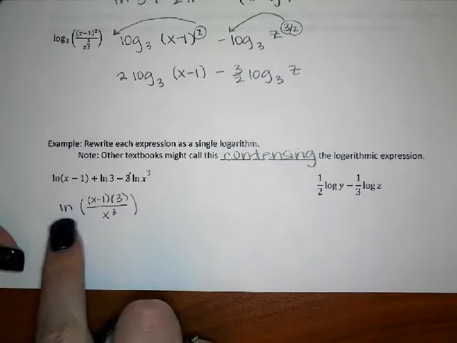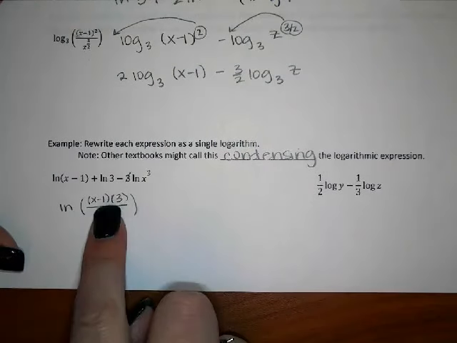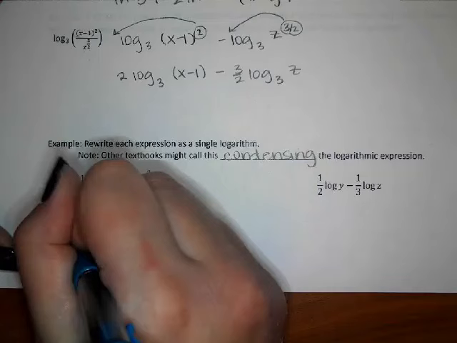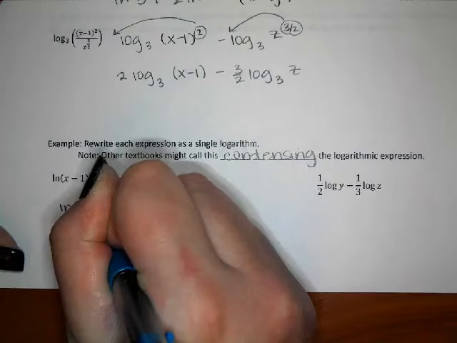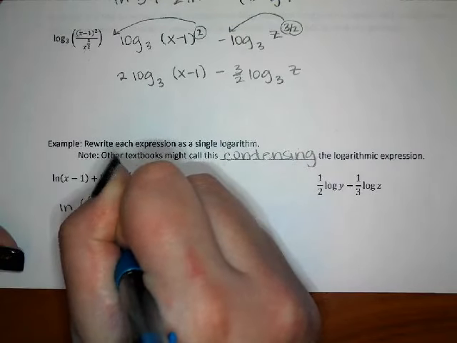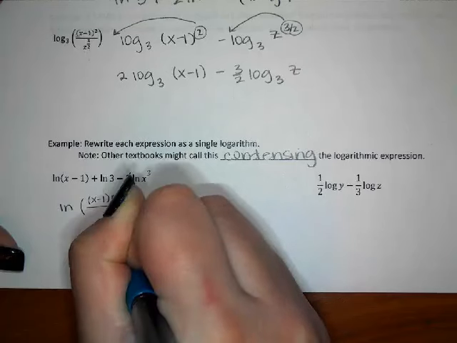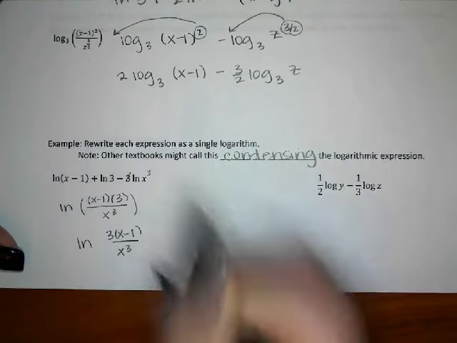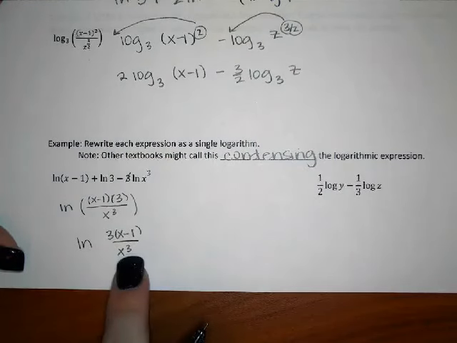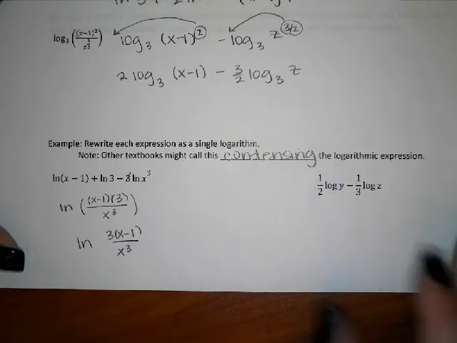And I technically don't need parentheses around this because the fraction makes it a group. So this is ln of, you could say 3 times x minus 1, or you could distribute and say 3x minus 3. But this is ln of this fraction, this group. And if it makes you uncomfortable to look at it like that, go ahead and put it in parentheses.